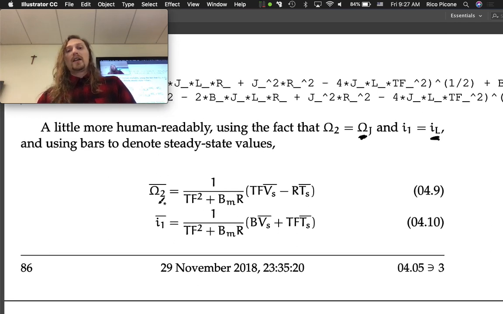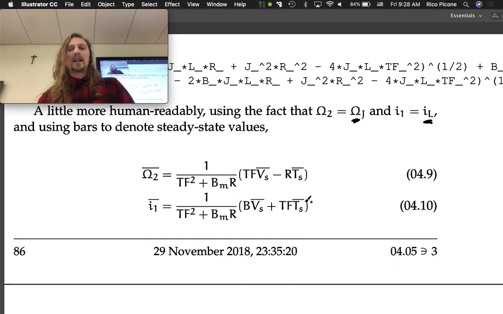So omega 2 is this. So let's dig into it. Well, actually, let's look at the two next to each other first. And then I1 is very, very similar, right? Same denominator with just a couple different coefficients here.